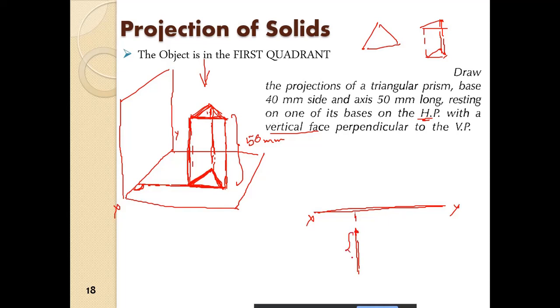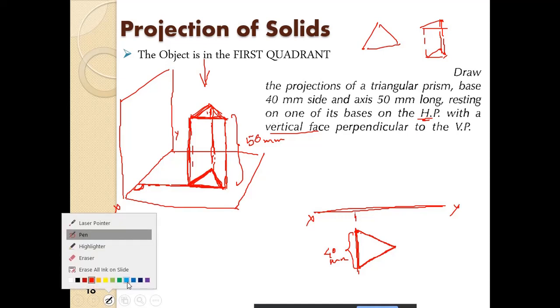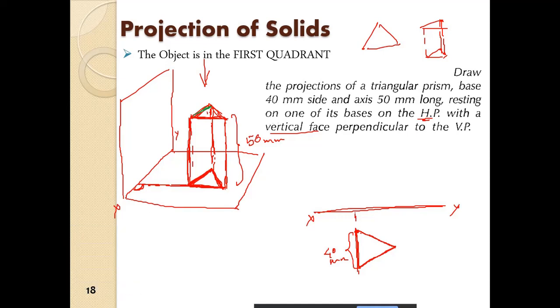From there I will mark 40 mm, and there I will draw the equilateral triangle. Basically this is the projection of this face of the prism onto the horizontal plane. So this is the top view.